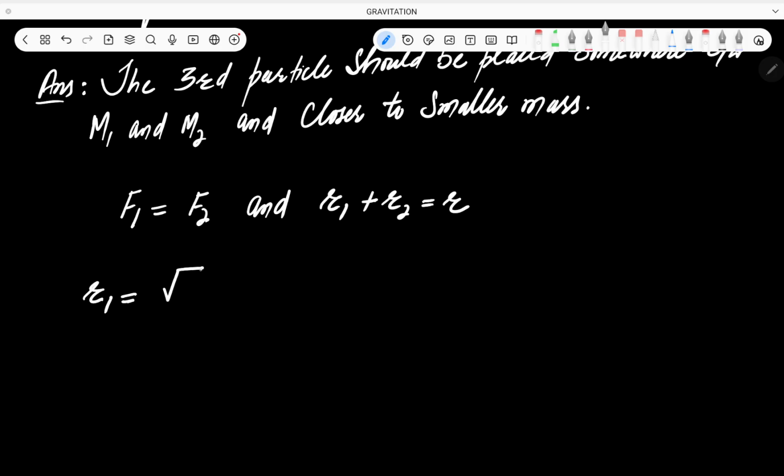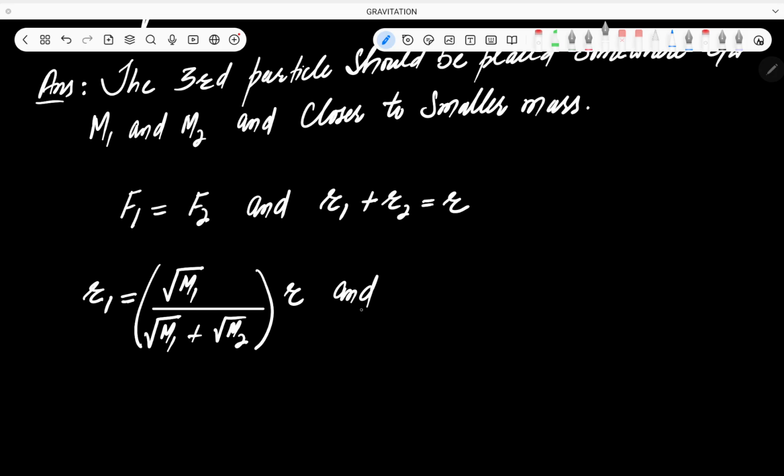r1 comes out to be square root of m1 divided by square root of m1 plus square root of m2, multiplied by r. And in exactly the same way, r2 will be equal to square root of m2 divided by square root of m1 plus square root of m2, multiplied by r; everything else is the same.